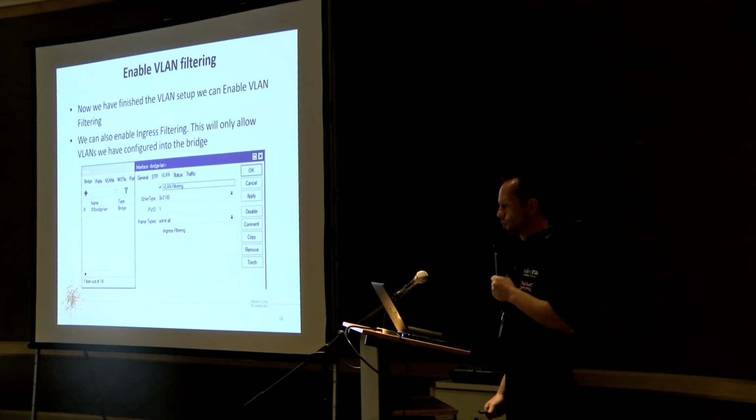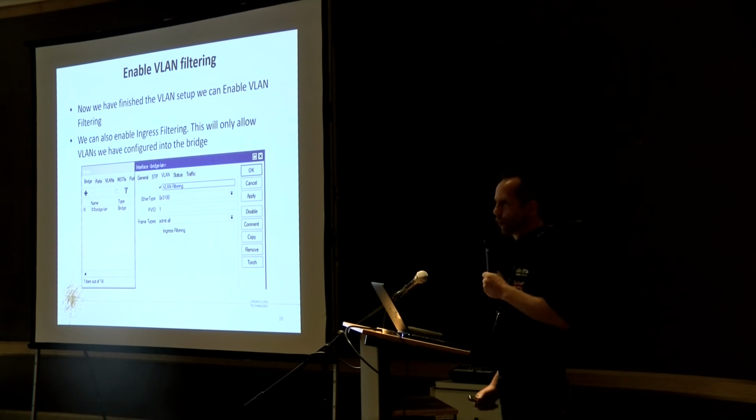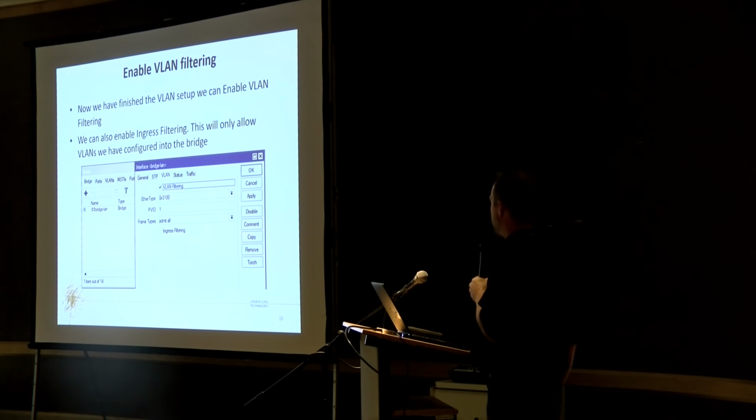And then once we have finished all this configuration, and if you're unsure because you haven't done very many, at this point it might be a good idea to put safe mode on, then click enable VLAN filtering, and only once you've got the configuration that you want.